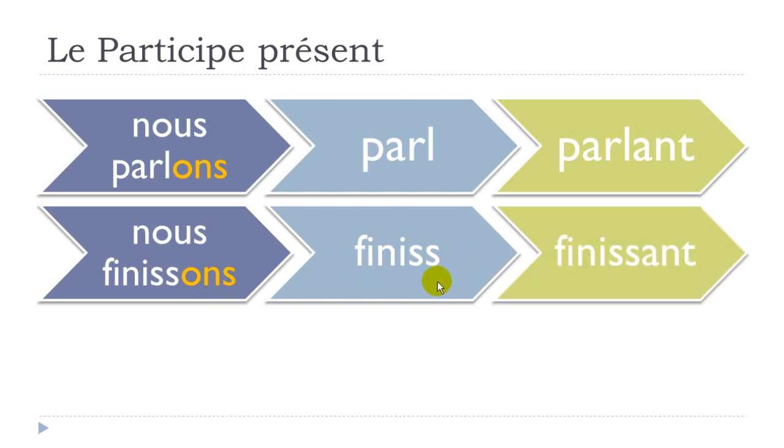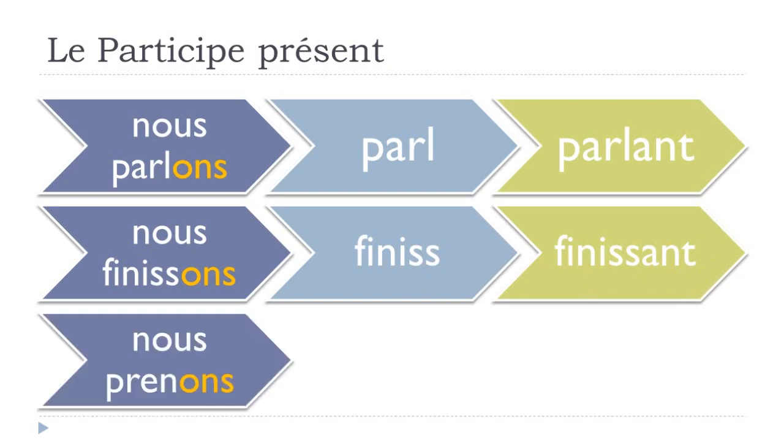And we just follow the same rule, so we just add at the end A-N-T, like that, here, and we get finissant, okay? And this form is the participe présent. Okay, let's see now a verb from the third group. So normally third group, we've got the irregular verbs. So of course it's quite interesting to have a look at them.